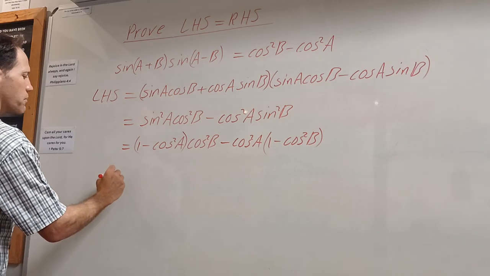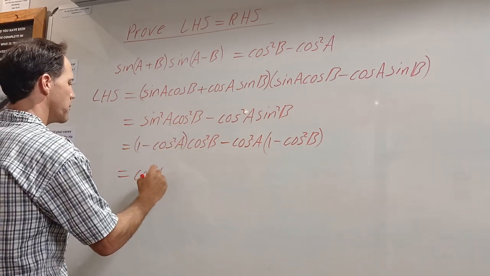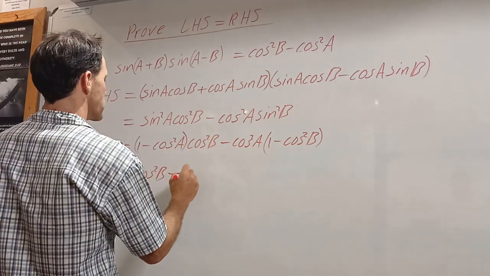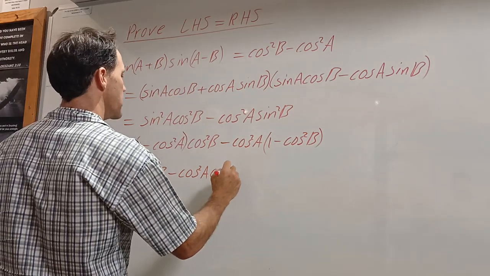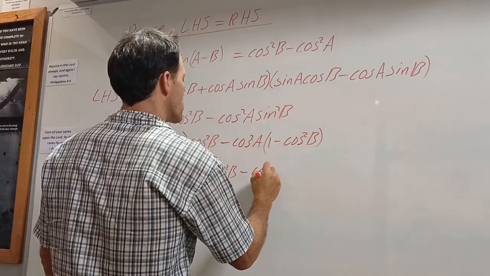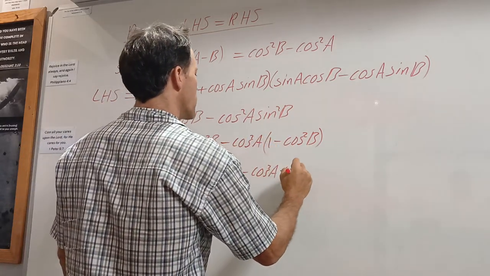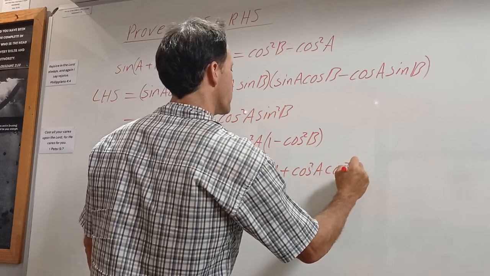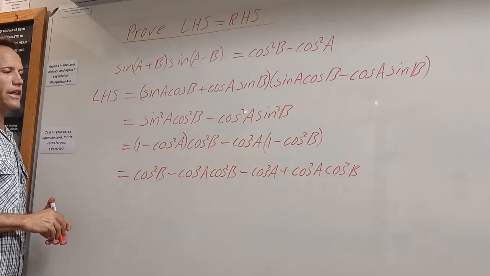So now we can multiply it in. 1 times cos squared B gives you cos squared B, and then negative cos squared A times cos squared B, you just write it down: negative cos squared A cos squared B. Then here you multiply it in, so you get negative cos squared A, and then minus and the minus gives you plus cos squared A cos squared B. And now they cancel out.